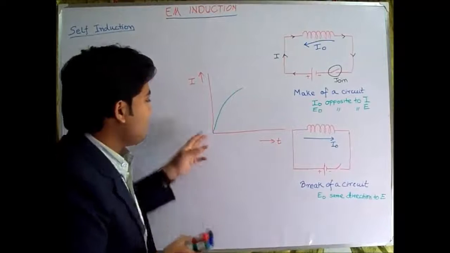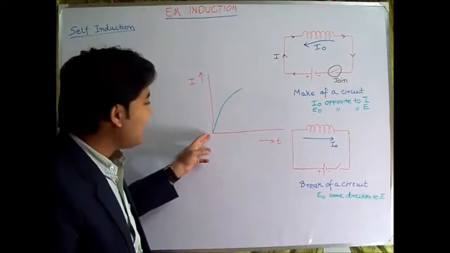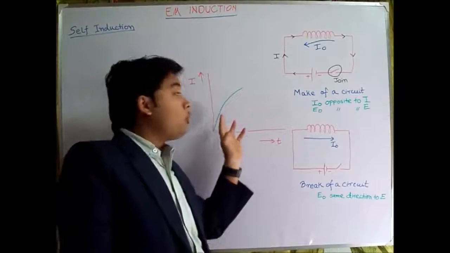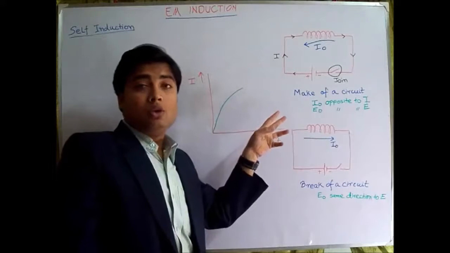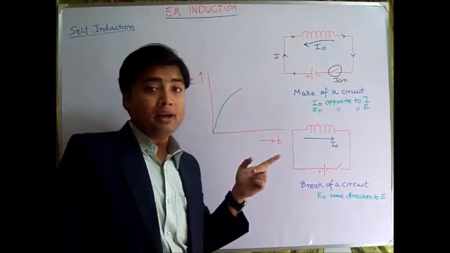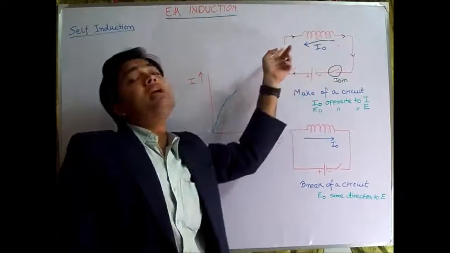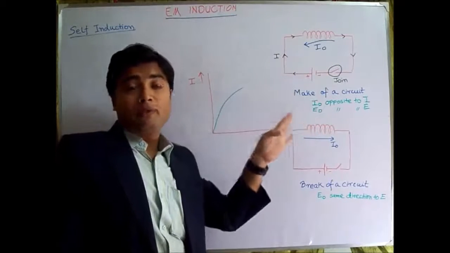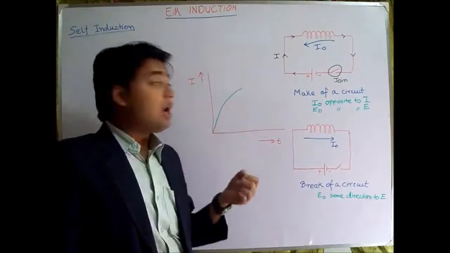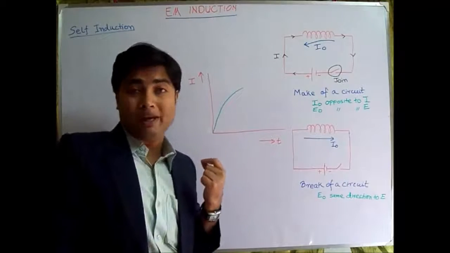From the zero position, the current is increasing, but it does not increase in a flash of an eye. Why? Because the opposing induced EMF lets it increase at a slow speed.